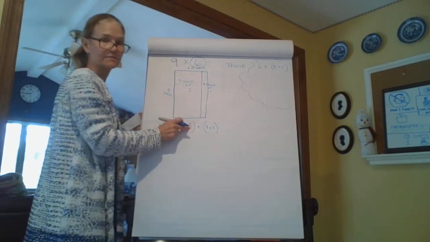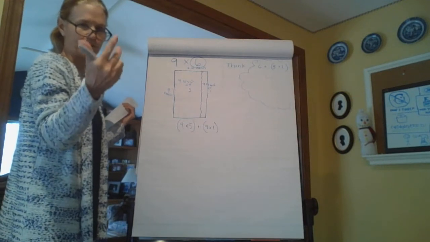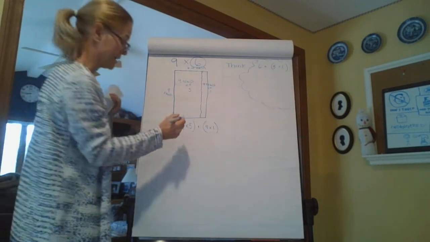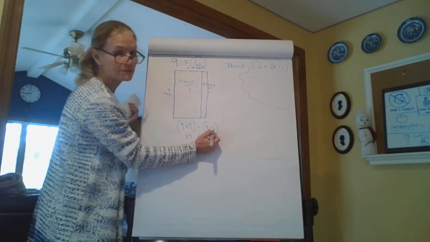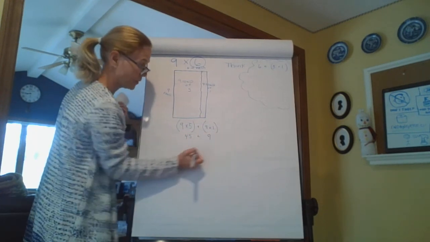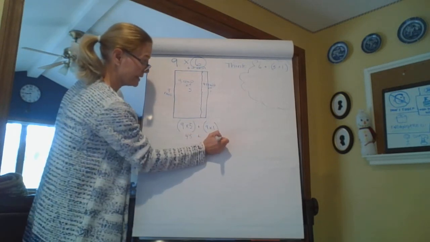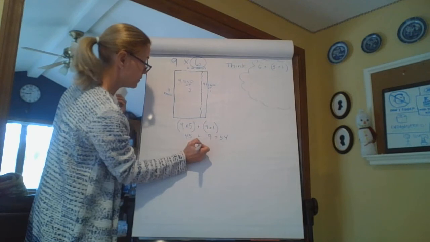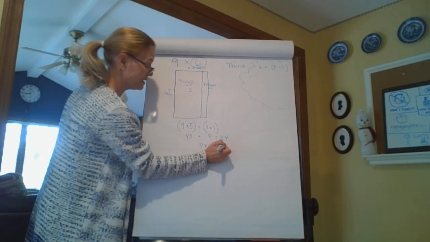Now I know 9 times 5, I can skip count 5, 10, 15, 20, 25, 30, 35, 40, 45, 9 times. I get 45. I know anything times 1 is itself, so 9 times 1 is 9. 45 plus 9 is 54. So I know 9 times 6 equals 54.